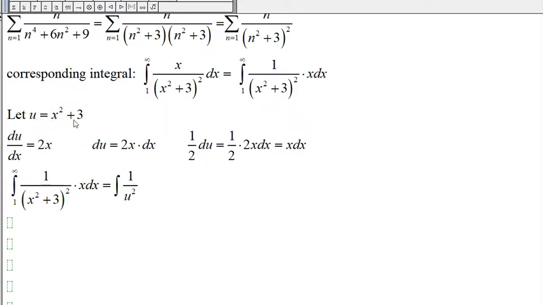Let u be x squared plus 3, so this would be x squared plus 3, and that would be u squared. And then x dx is just 1/2 du.